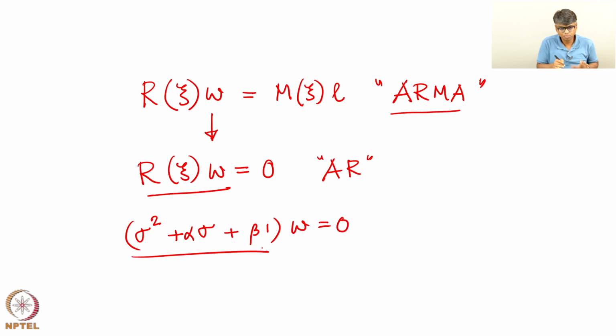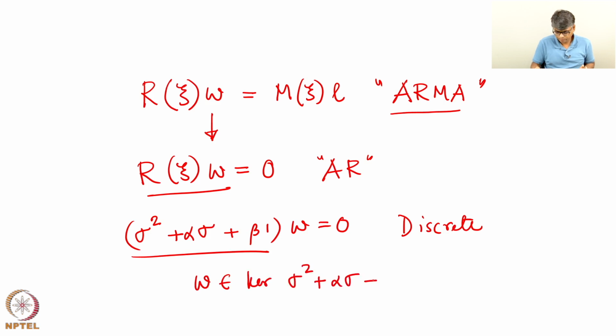It looks like this, polynomial. This is of course discrete, right? A discrete difference equation looks like this. So this w is coming from the kernel of this difference operator, right? Here α, β of course are real numbers.